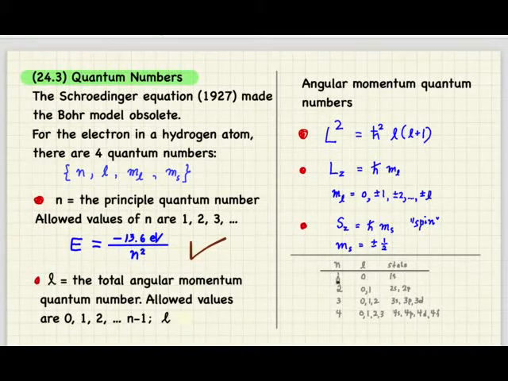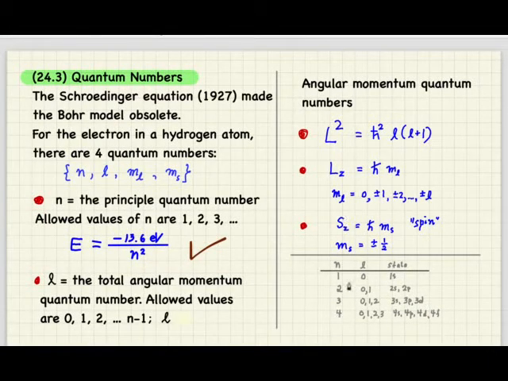So if n is equal to 1, then the only possible l value is 0. And that's called the 1s state. If n is equal to 2, l could be either 0 or 1. And that's called the 2s state and the 2p states. And if n is equal to 3, l could be 0, 1, or 2. And those are the 3s states, the 3p states, the 3d states.